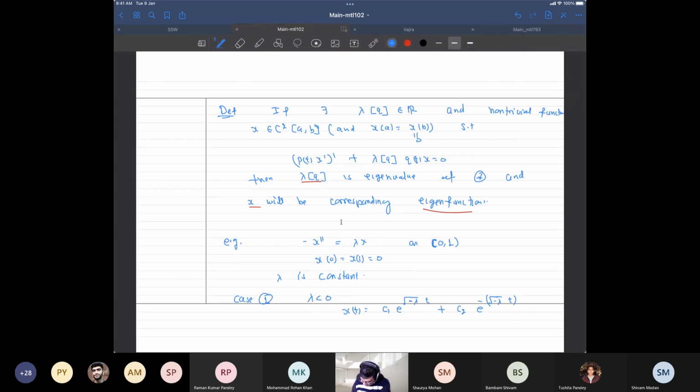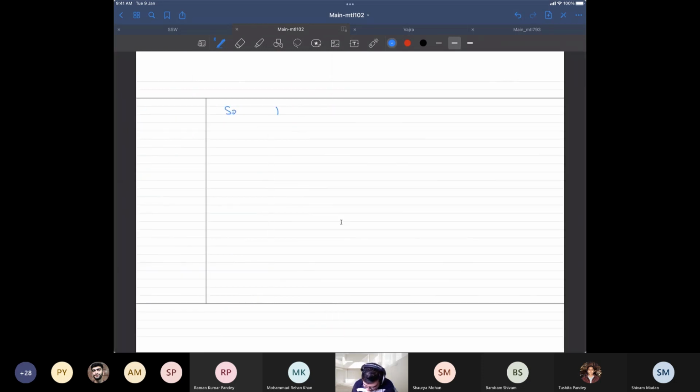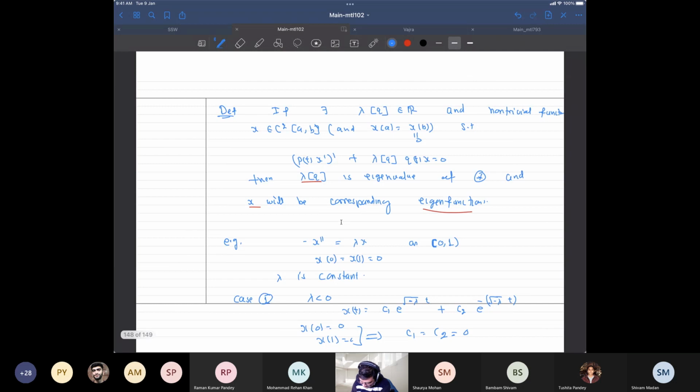Now, as soon as you put x(0) is equal to 0 and x(1) is equal to 0, this implies that C1 is equal to C2 equal to 0. So lambda less than 0 cannot be an eigenvalue, because for all such solutions which satisfy the boundary condition, you get a zero solution.